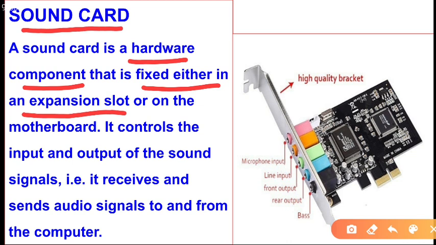What is an expansion slot? An expansion slot is a slot which we can use to add additional devices to our computer. Or it can be connected directly to the motherboard. So either a sound card can be connected to an expansion slot, or it can be connected to a motherboard.